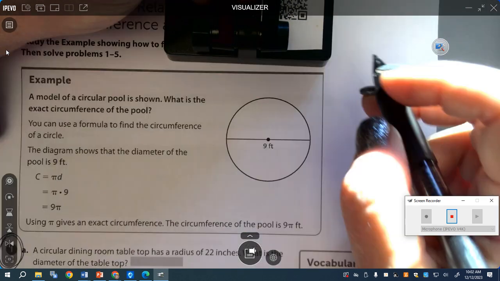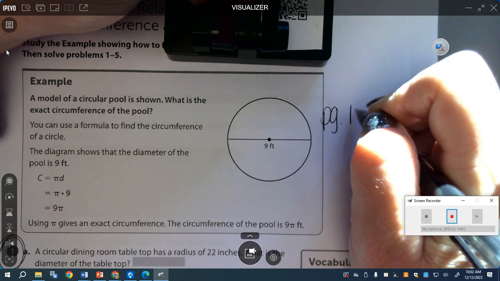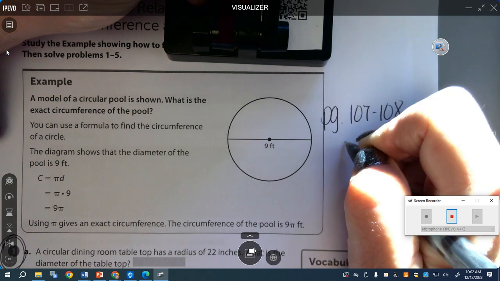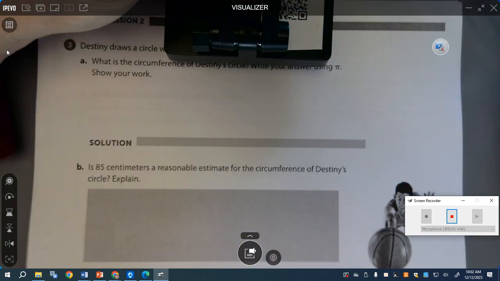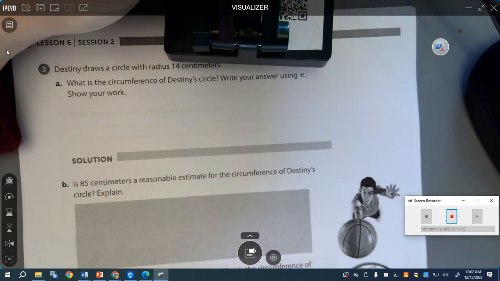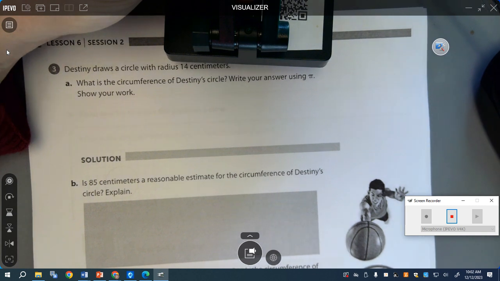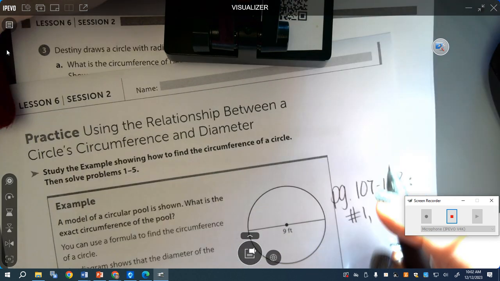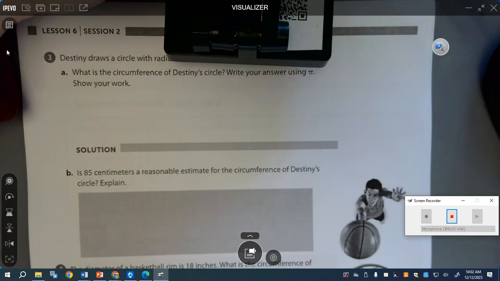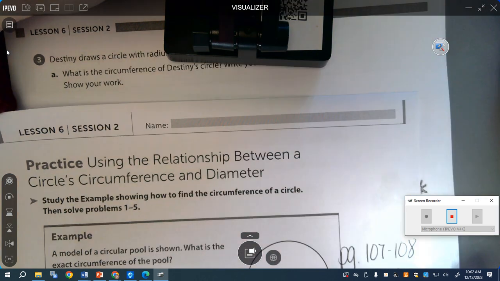Hold on, I'll write it down. Page 107 to 108. You guys are doing number 1, 3, 4, and 5. Okay, listen carefully.